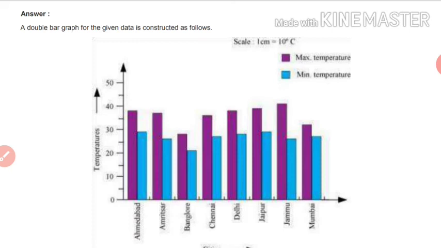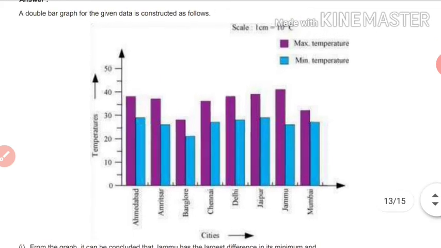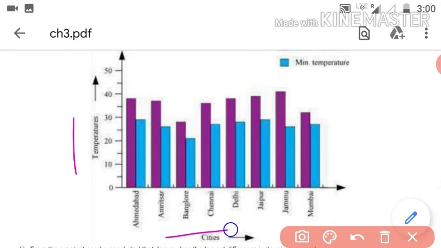So I will show you the graph here. The highest number is not that big, so you can take till 50, isn't it? So you need to write only till 50. These are the temperatures and these are the cities.